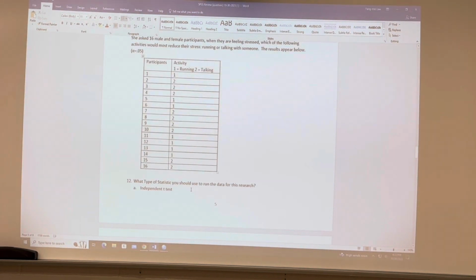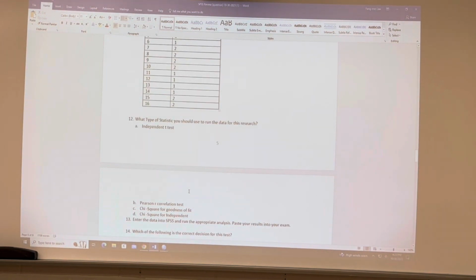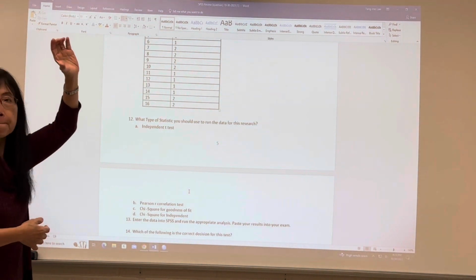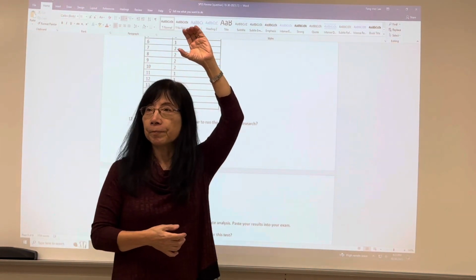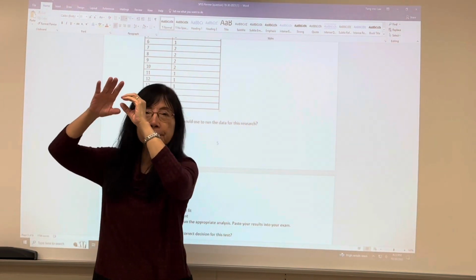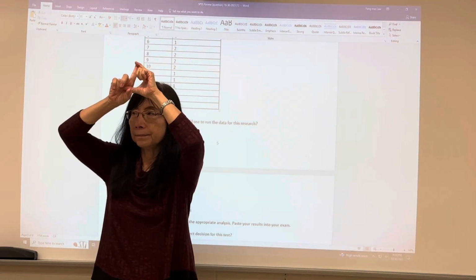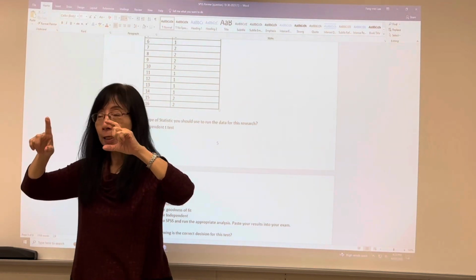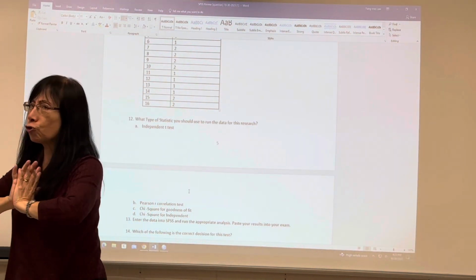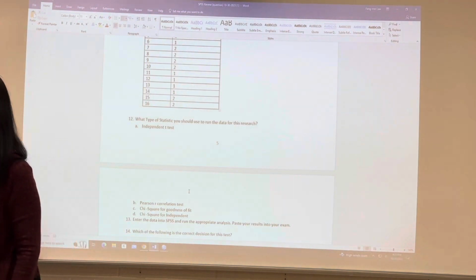For those of you who are very quiet, do you understand what we are talking about? So now we know for sure it must be chi-square. How many believe it is C? How many think it should be D? If you are D, you should go home now.